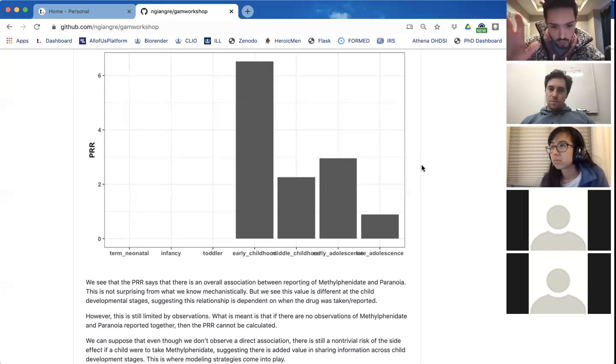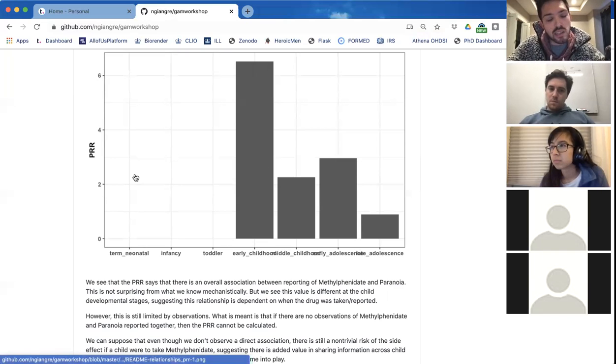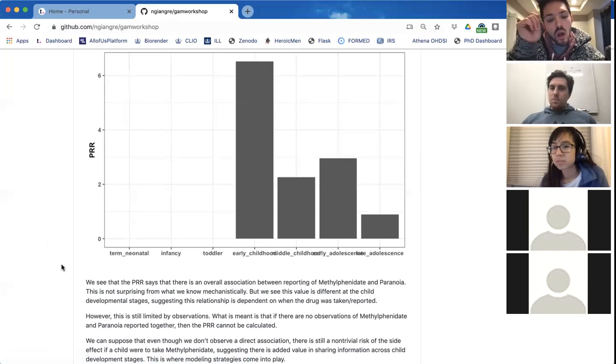But the main thing with using this statistic itself is that when there are no observations of the drug and the event reported together, the PRR cannot be calculated at all.